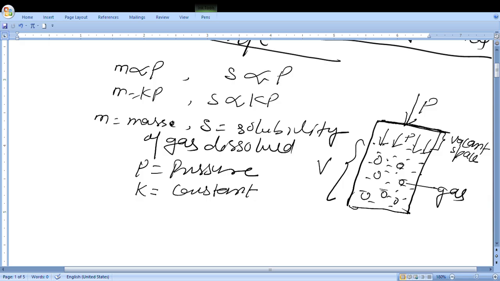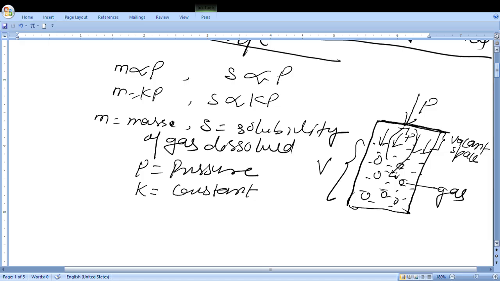Any disturbance causes the formation of bubbles that come to the vacant space, and the same mass of gas gets dissolved into the liquid, so that the volume of the container does not increase and it does not burst. This is the reason the vacant space is left in the container.